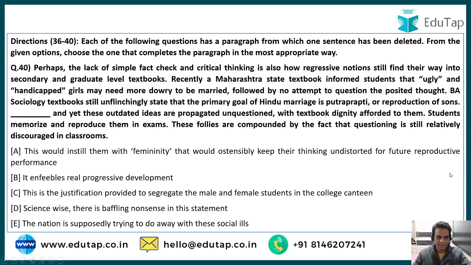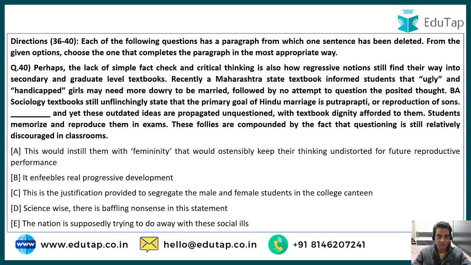BA Sociology textbooks still unflinchingly state that primary goal of Hindu marriage is putra prapti or reproduction of sons. Dash, and yet these outdated ideas are propagated unquestioned and with textbook dignity afforded to them. Students memorize and reproduce them in exams. These follies are compounded by the fact that the questioning is still relatively discouraged in classrooms.